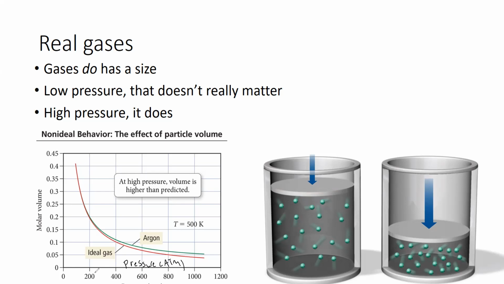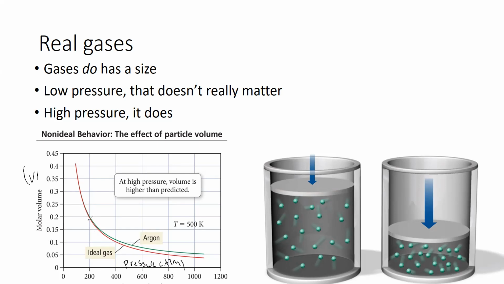So at low pressures below like 200 atmospheres, and I should explain what we're seeing here. Here, we're looking at molar volume versus pressure, so volume versus pressure. The red line is what we calculate from the ideal gas law, and the green line is reality.